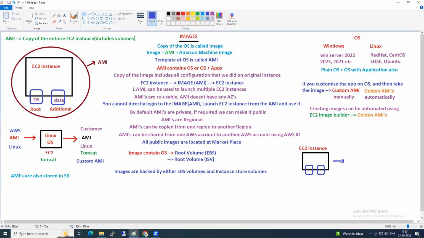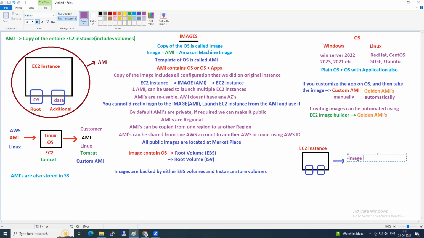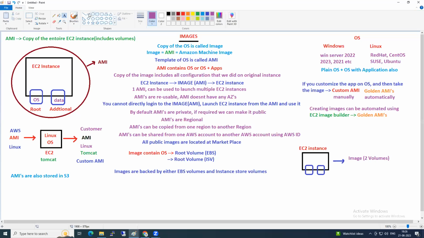From this EC2, I can create an image. The image also contains volumes. How many volumes will be there? 2 volumes.